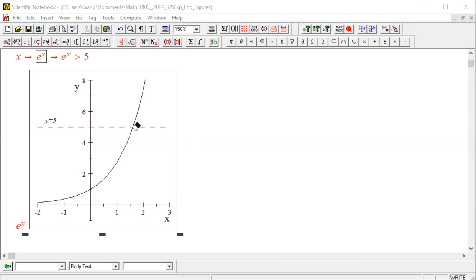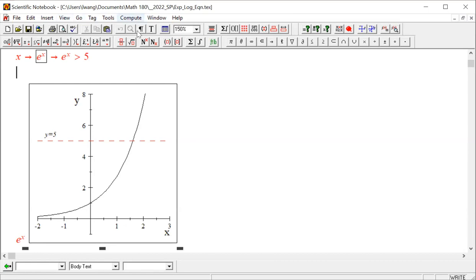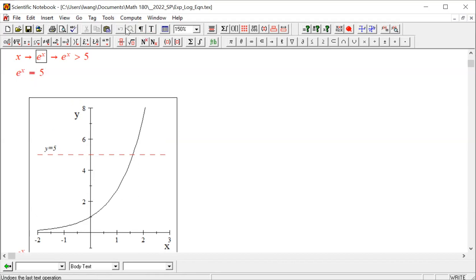So all of these inputs beyond this input right here. So what should that point be? You need to find that point, which equals 5, right? So you're going to set e to the power x equals 5, right? As a result, x equals ln 5.